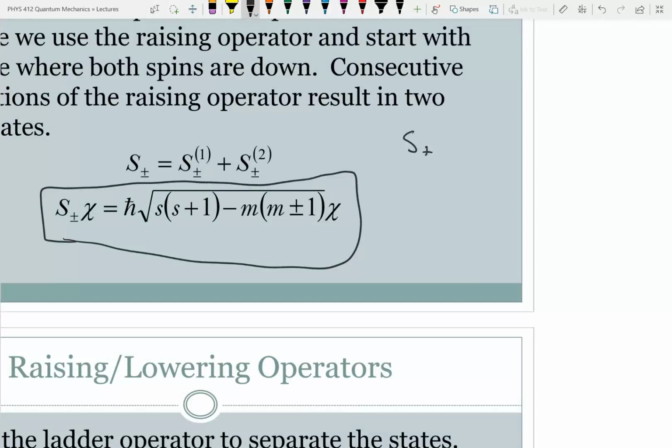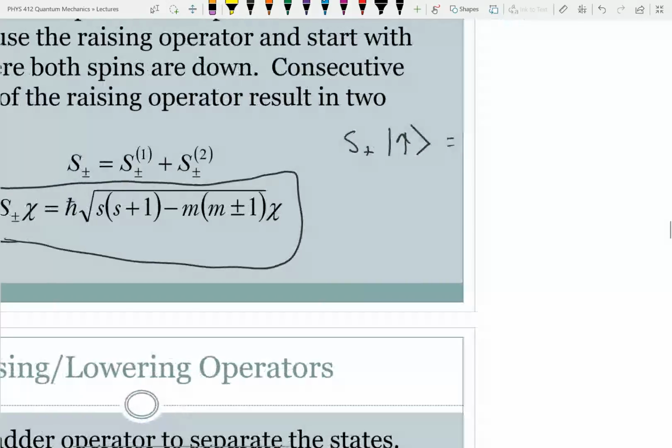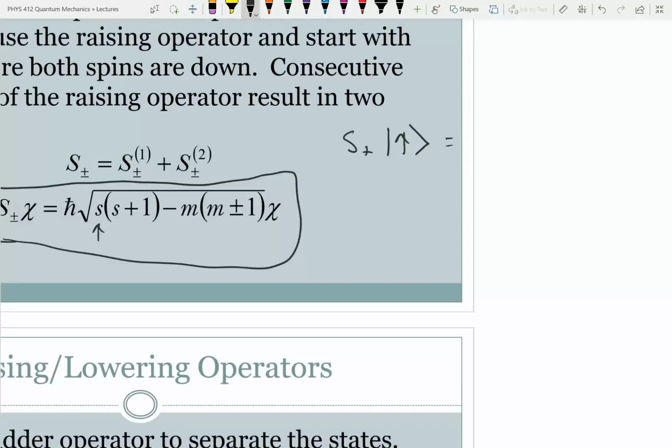So let's say S plus on up spin. We know what that should be. What should that give me? Indy answered this last class period. That's how I know we know the answer. 0. Should be 0. So let's test and see if that's what we get. What is the S value always for an electron? 1/2. Yeah.